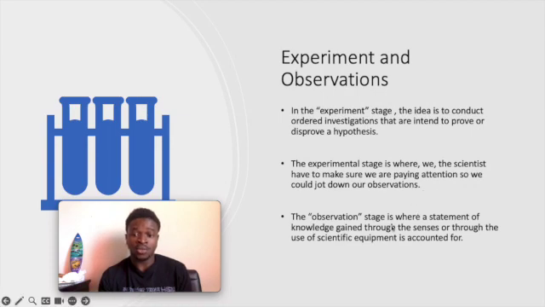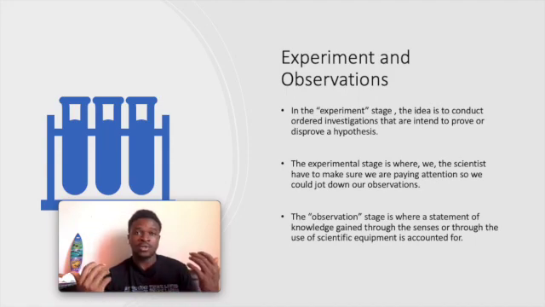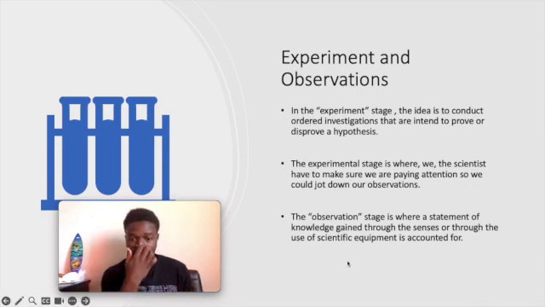In this situation, we're actually using our senses and we're using some scientific equipment, either a ruler to measure from one place to another with a timer or a stop clock, or we're just listening to see which engine is making the louder noise in trying to get from one place to another.